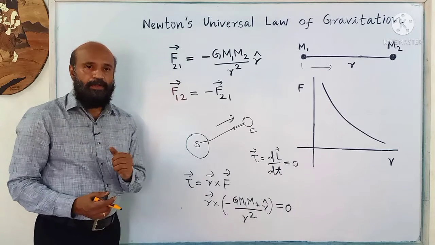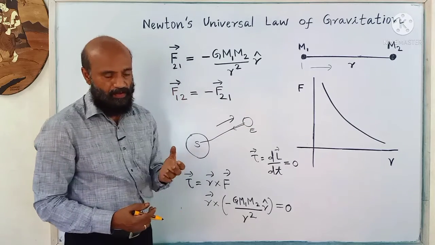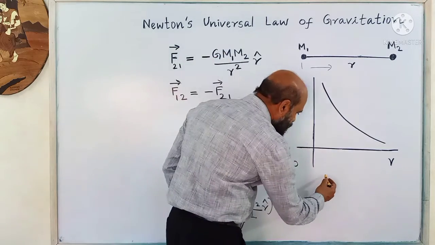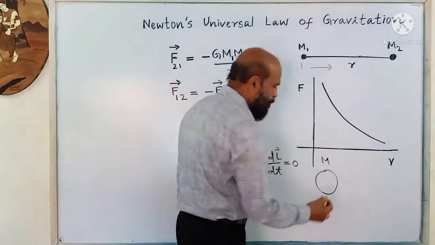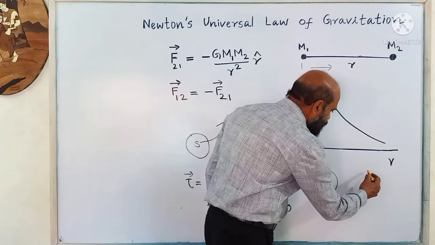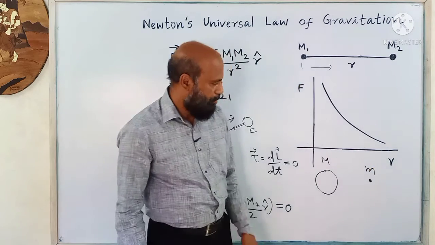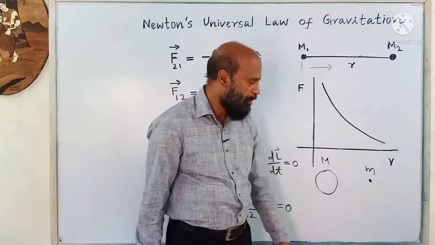Now a point mass can be used even when the distance is not large, for a special case. For example, take a hollow sphere of mass M and a point mass of small m.